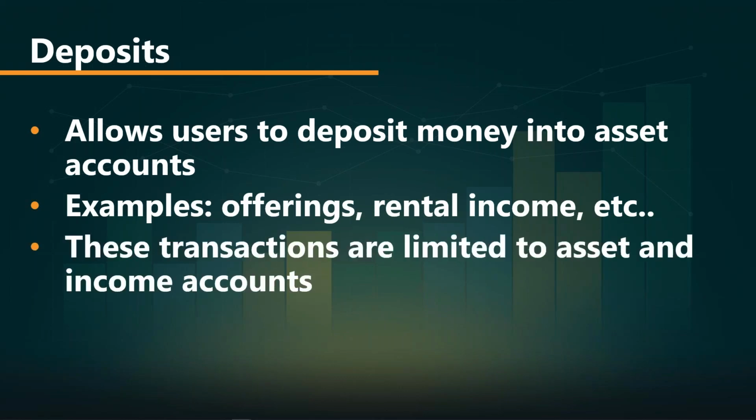And since it's mostly just an increase, it's going to be limited to asset and income accounts. So, if you choose to use liability accounts as opposed to restricted accounts, then you would need to make a journal entry from the asset account to the liability in the event that you want to move those funds over.